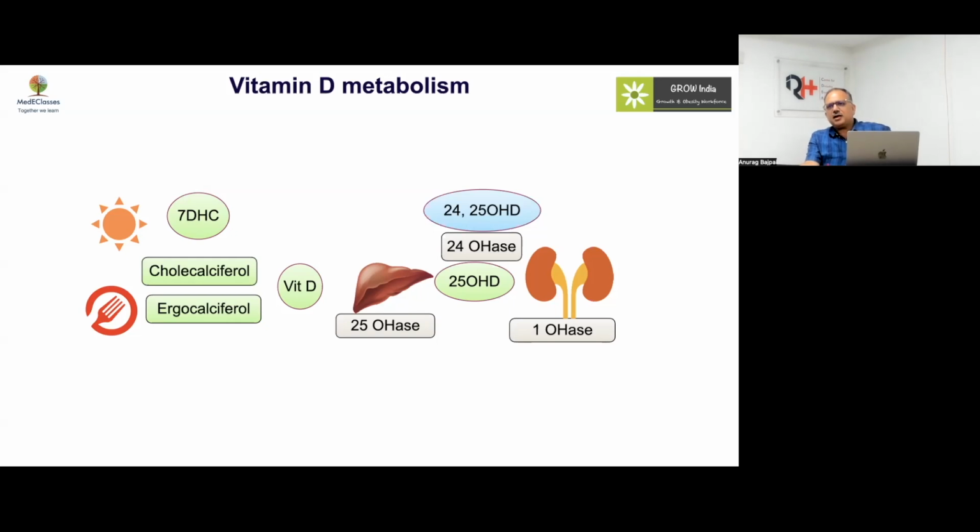A high dose will circumvent that process. So whatever 25-hydroxylase is there, you will circumvent that, and then you don't need an activated form. Your vitamin D levels will always be on the lower side. So they will behave like vitamin D deficiency. Your 25 OHD will be low, but they will respond to a supraphysiological dose of vitamin D when you give.